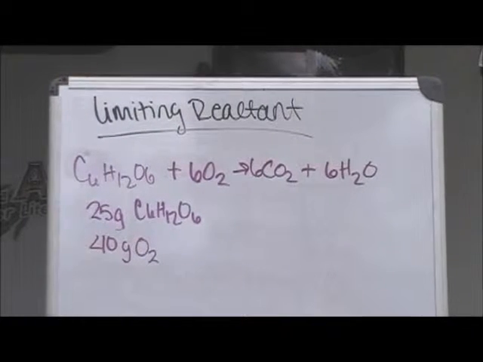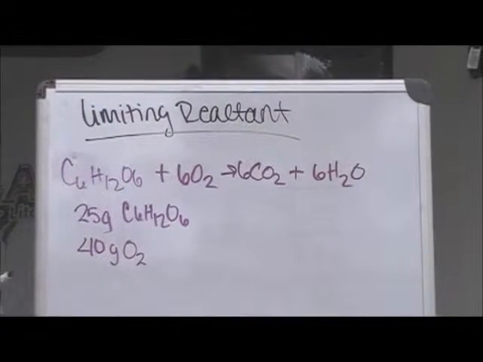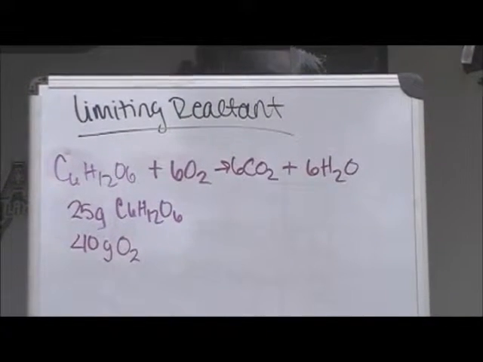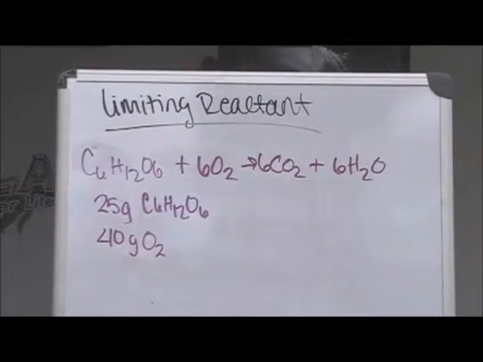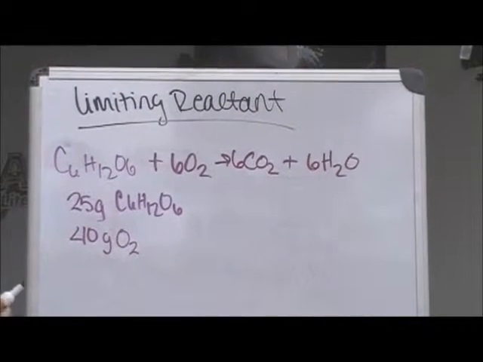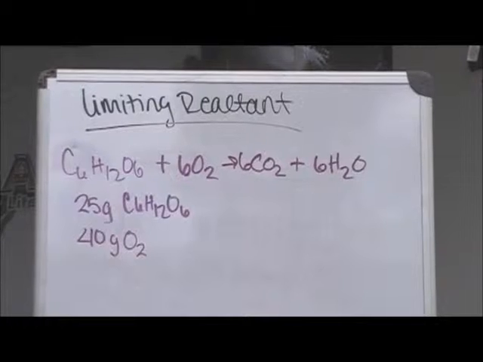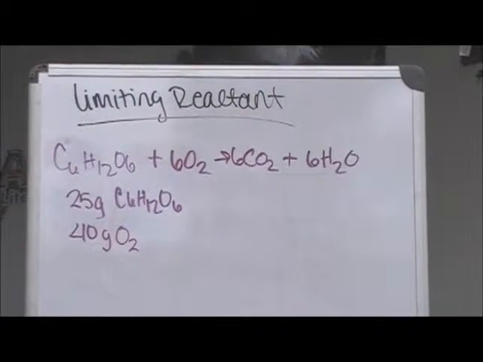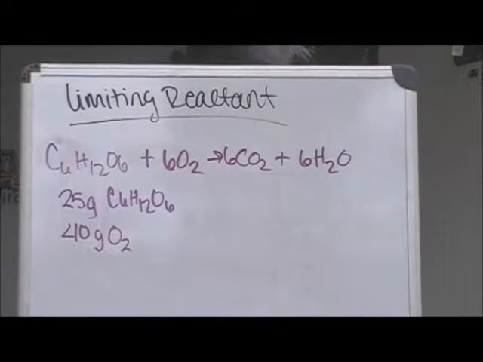So now that we've balanced our chemical equations, we are going to do a limiting reactant problem with the balanced equation. So we're given C6H12O6 plus 6O2 yields 6CO2 plus 6H2O. And we're given 25 grams of C6H12O6 and 40 grams of O2.